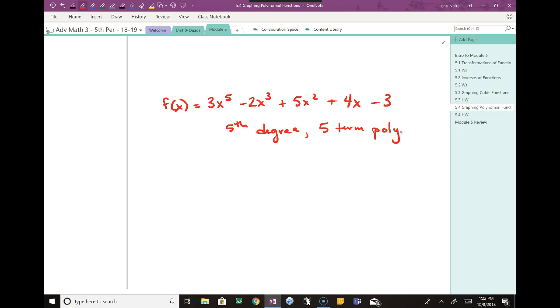Okay, so they do have abbreviated words for things that are less than 5. So a fourth degree is a quartic. You would still, if you were working with 4 terms, say 4-term polynomial. Third degree is the same as a cubic. So cubic, 3 terms would be a trinomial. What about second degree with 2 terms?